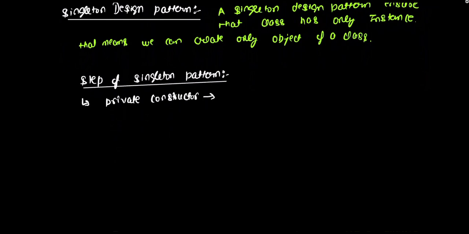Why? Because when we are creating the object, the constructor is triggered first, right? If the constructor is private, no other class outside the class can call it, right?